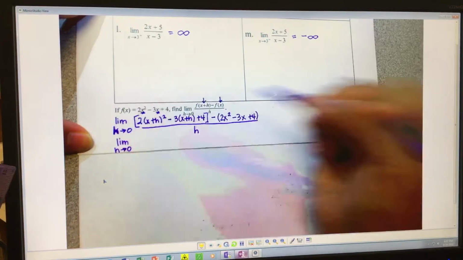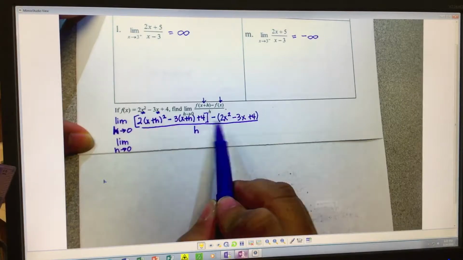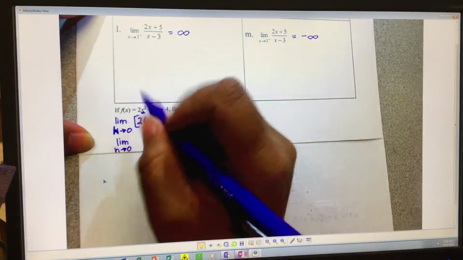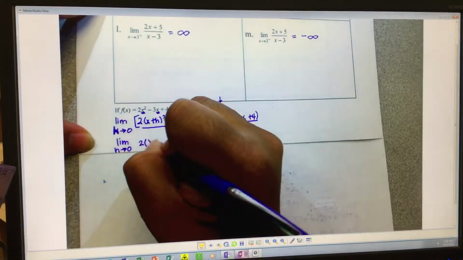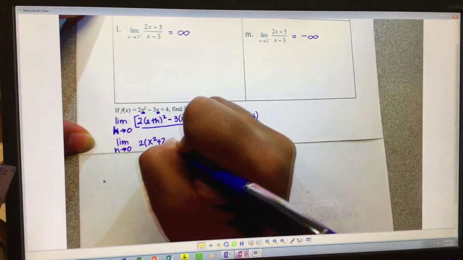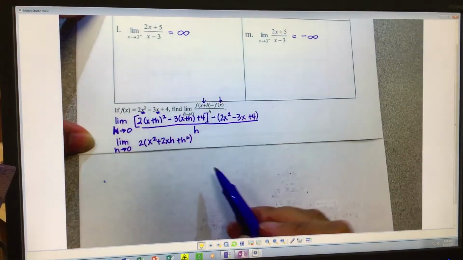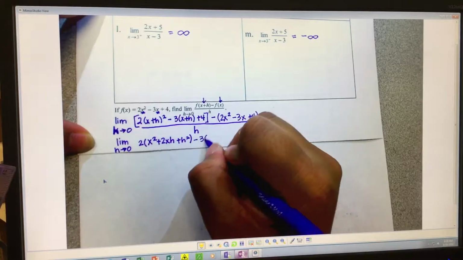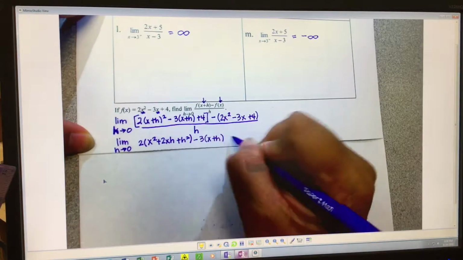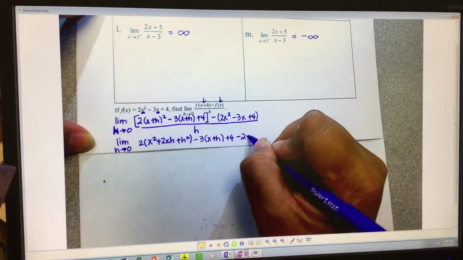And I'm going to FOIL this, distribute, okay, and do all that. So if I FOILed that, this would be x squared plus 2xh plus h squared. Okay, that's just the FOIL of that. Minus 3 times (x plus h) plus 4. Okay, then I'm going to distribute.